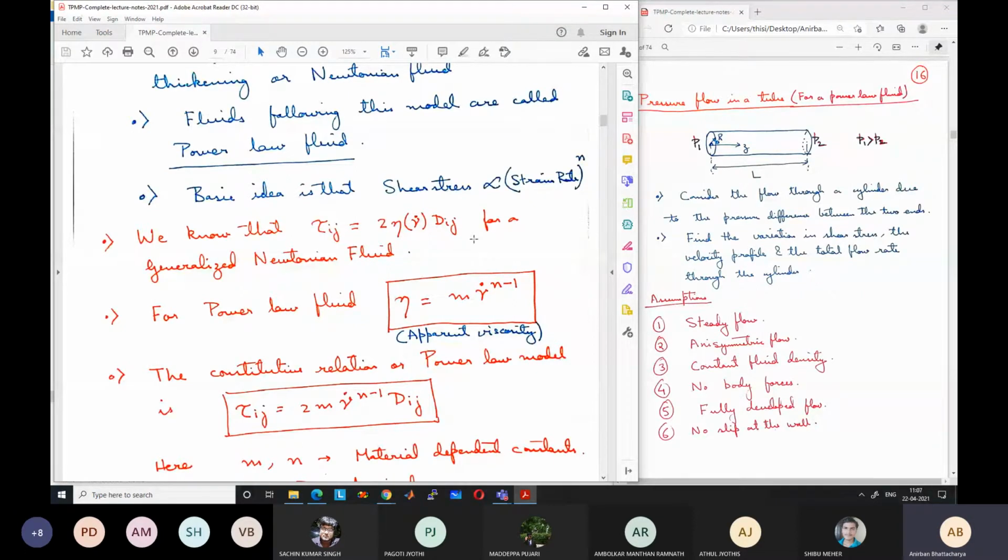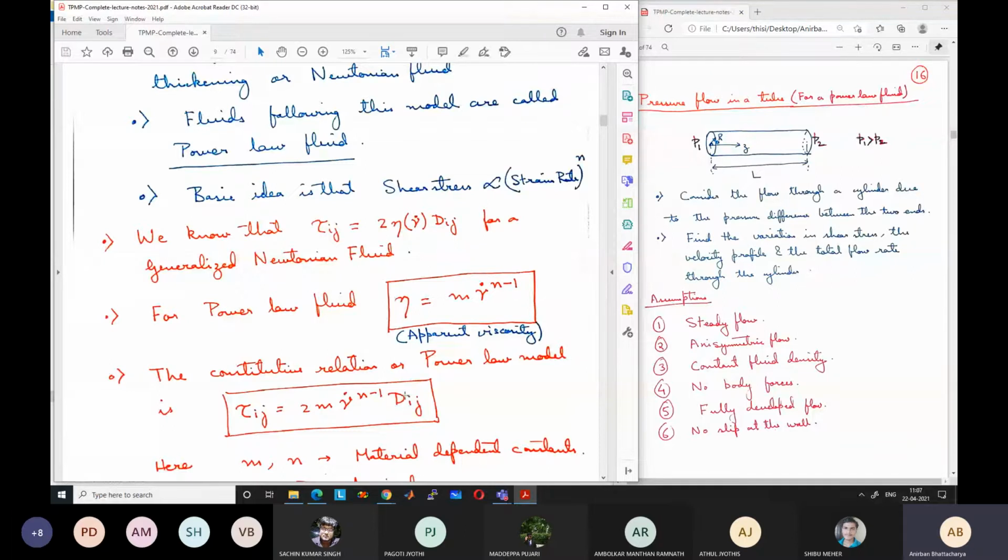So tau ij is the shear stress developed in the direction of dij, and eta is the constant of proportionality, given by m gamma dot to the power n minus 1. So this was our power law model, or in general, tau ij is equal to 2m gamma dot to the power n minus 1 dij.